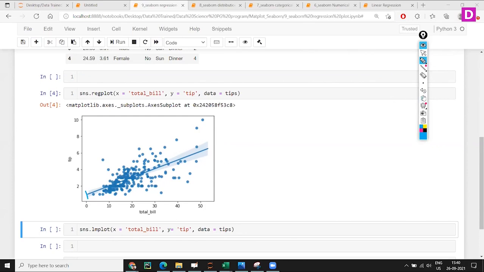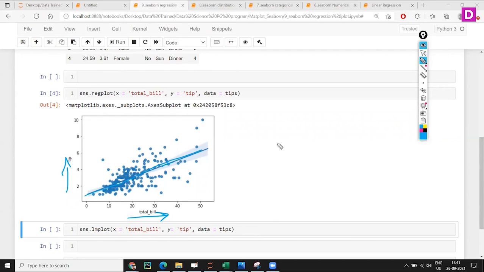But the idea is that it is going to extend and regress, and when the total bill increases, how much the tip is going to increase. It is going to keep every data point in mind and try to put this particular line, what we call the best fit line, so that we don't predict something unnecessary or wrong.